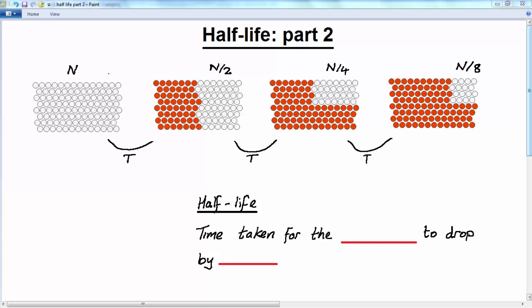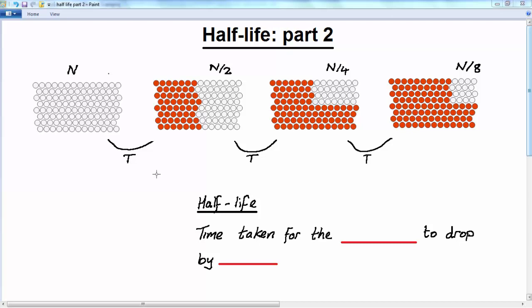In this lesson we're going to continue to look at the half-life of radioactive materials. Now, as with the previous lesson, we're going to start off with our imaginary sample of radioactive isotopes, and at time t equals 0 none of those isotopes had decayed.